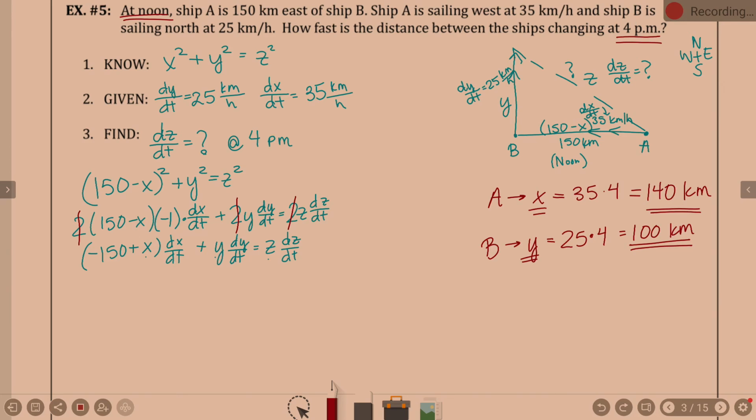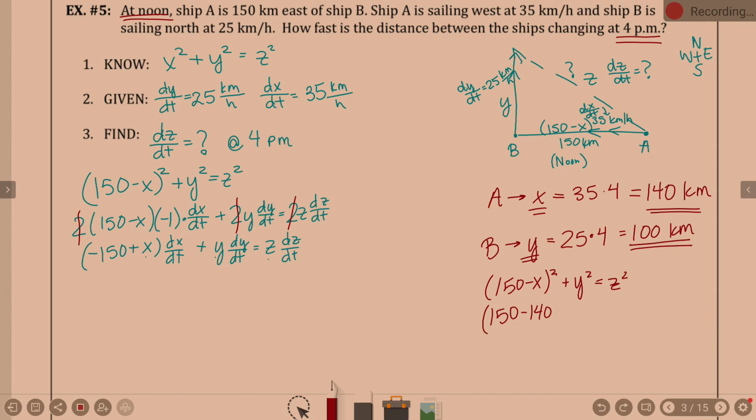For A, do we have to do the 150 minus? No, because x still represents just how far the ship has traveled. Now, the 150 minus x will apply here in the Pythagorean theorem. So if I have 150 minus x quantity squared plus y squared equals z squared, plug in the values we just found. 150 minus x is going to be 140.